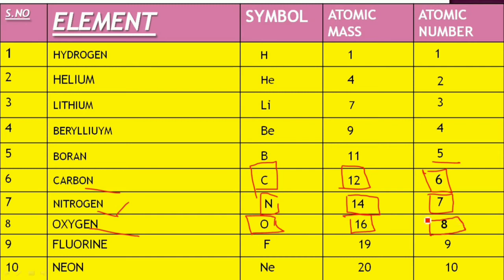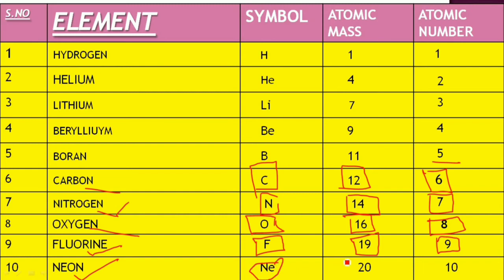Next, the ninth element, fluorine. The symbol of fluorine is F, its atomic mass is 19, and its atomic number is 9. Now the 10th element is neon.